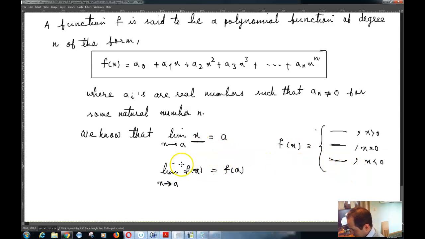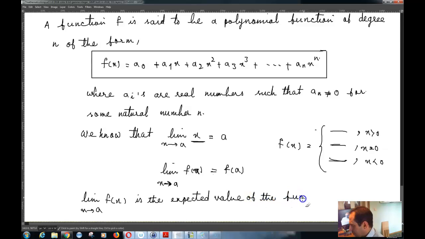And that's basically why we said in the beginning of this section that the limit of f of x as x tends to a is the expected value that f of x should assume at x is equal to a. That's basically what we said over there.